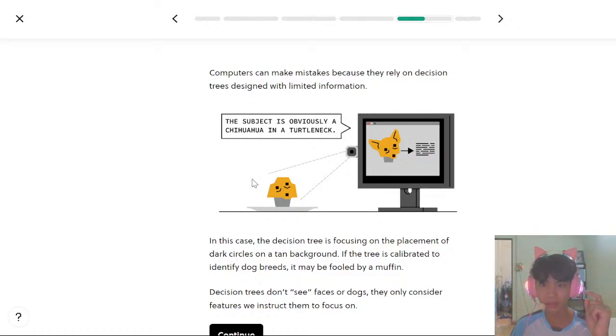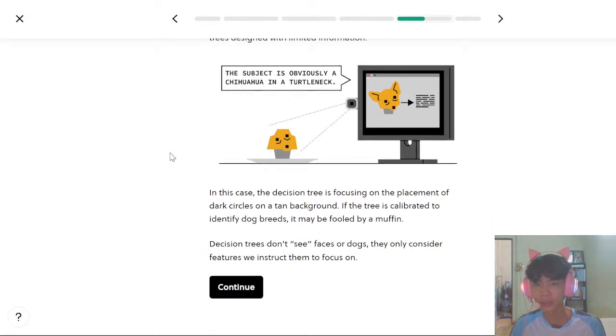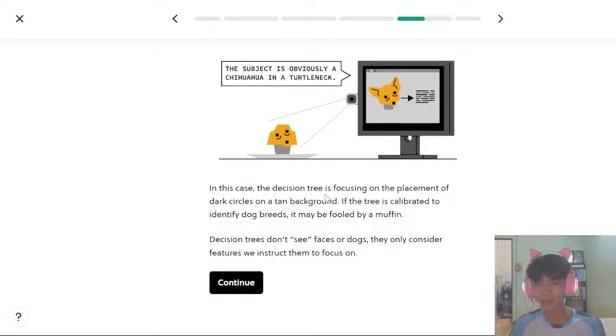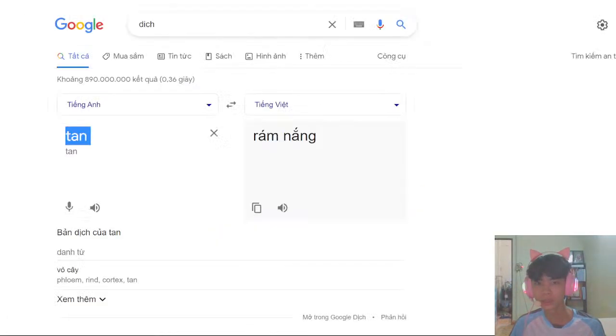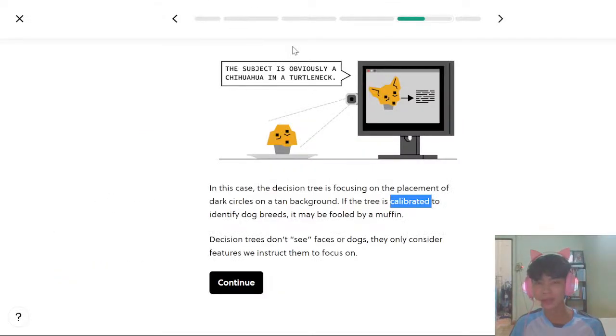Okay, quite good though. Let me see. The subject is obviously a chihuahua in a turtleneck. In this case, the decision tree is focusing on the placement of dark circles on a tan background.